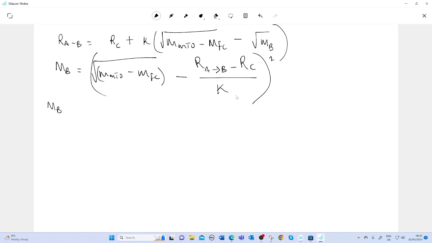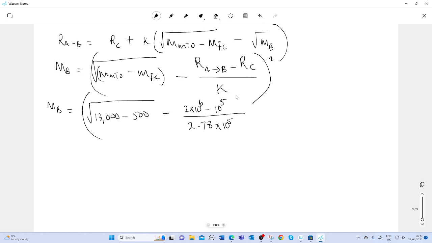So our MB equals the root of 13,000 minus 500 minus 2 times 10 raised to the power 6 minus 10 to the power 5 over 2.78 times 10 to the power 5, squared.